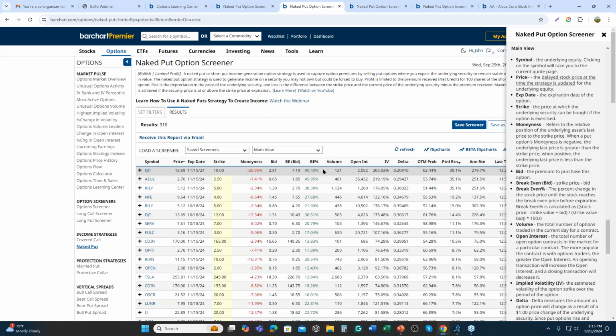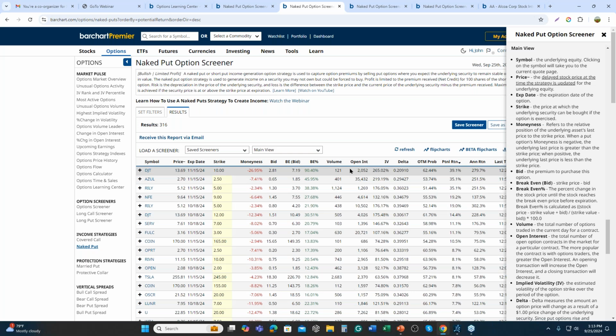So, volume and open interest. These are definitely tools that we're going to look at, but I just want to mention before we move on that all the data on our options data pages are delayed 15 minutes. So your volume and open interest will be delayed for about 15 minutes.